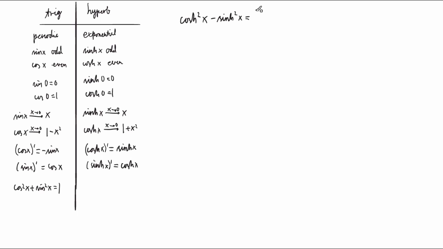That's equal to, if we now remember what the functions were, cosh of x, that's 1/2 e to the x plus e to the minus x, squared. And we do the same thing with the sinh x, except we have a minus sign in front. So that's 1/2 e to the x minus e to the minus x, squared.